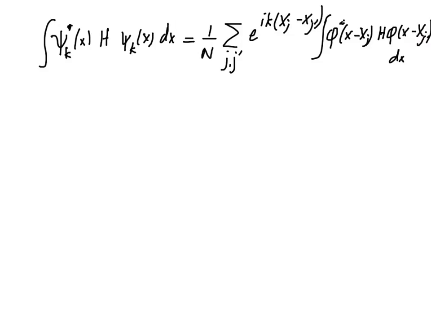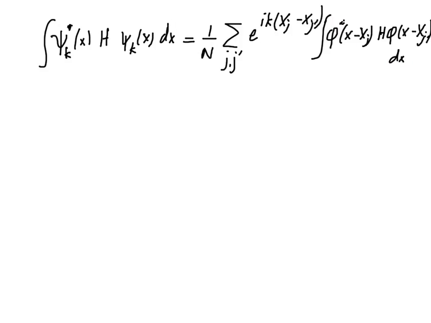So when j equals j prime, we are talking about the same atom. These two wave functions are located at the same position. So under those situations, this integral will not be 0. And the other situation is when j and j prime correspond to adjacent atoms, nearest neighbors. There are two possibilities. Either j is to the left of j prime, or atom j is to the right of j prime.